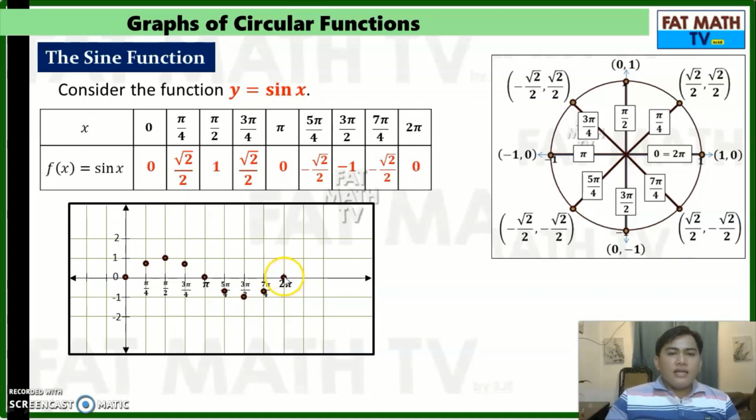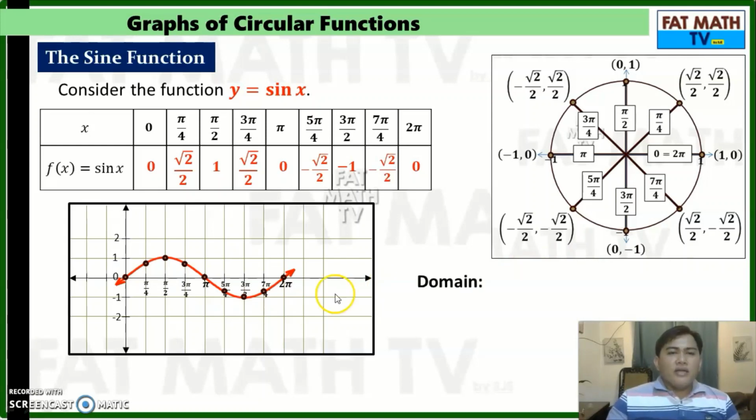And then if you will add more values of x here, the graph will just repeat. So if we connect the points, the sine function graph looks like this. If you add more values of x, it will just repeat, and then it will again repeat.